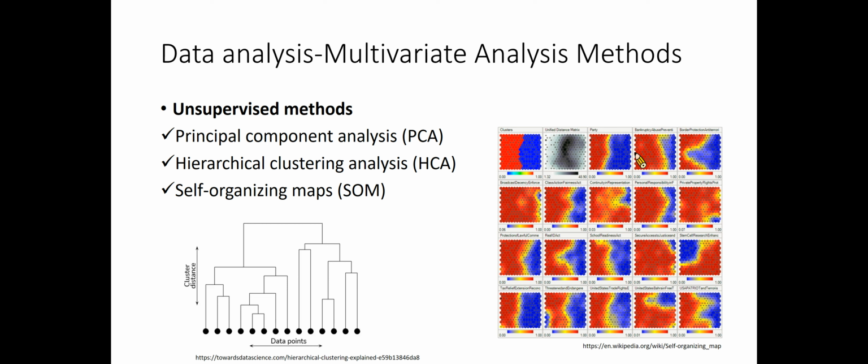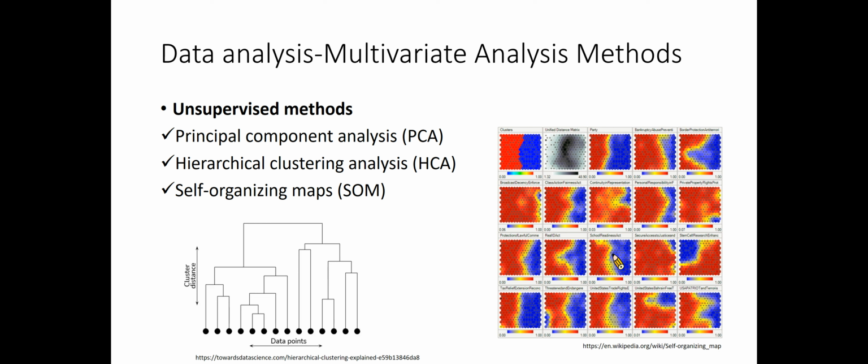Other unsupervised methods like hierarchical clustering analysis and self-organizing maps have also been applied to metabolomic data. These methods can be particularly suitable to detect nonlinear trends in the data that are not conveniently covered by PCA.